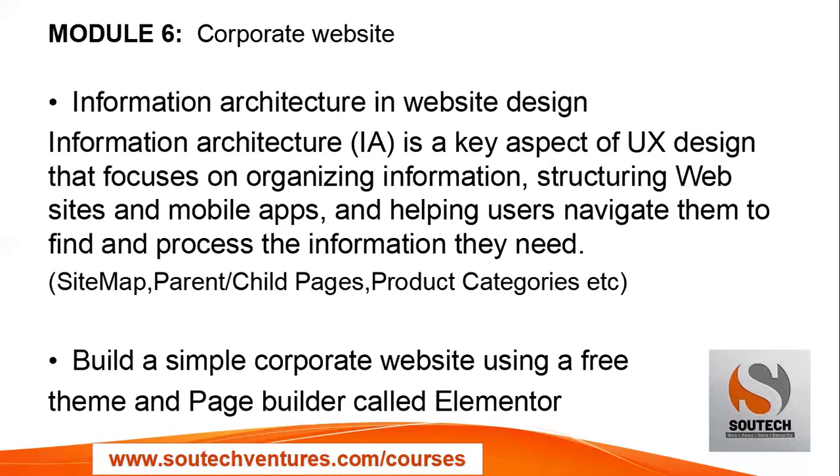Then in module 6, we're going to be dwelling very well on information architecture. Information architecture is a very key aspect of UX design, user experience design. If somebody comes to your website and you don't have a proper layout, data and information are not being presented properly.